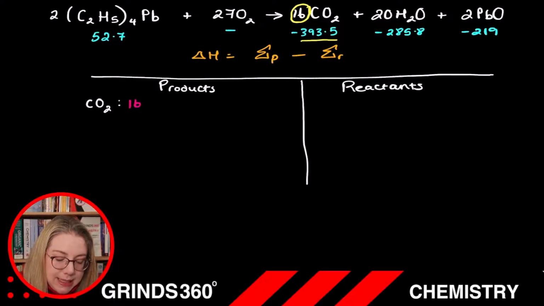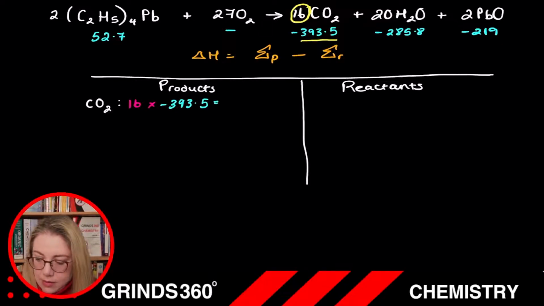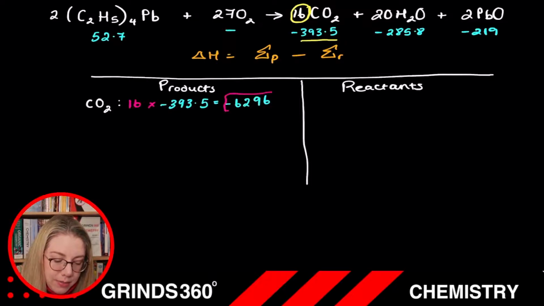So that's going to be 16 multiplied by minus 393.5. Now I'm going to do this on my calculator as I go. So minus 393.5 multiplied by 16 is minus 6296. And we get 3 marks for that number.